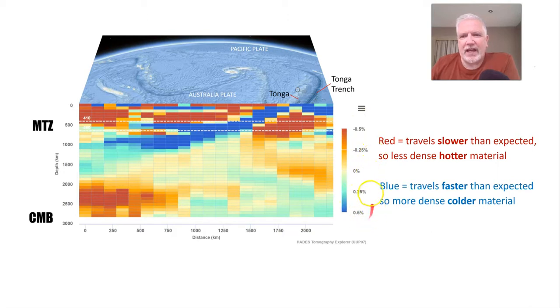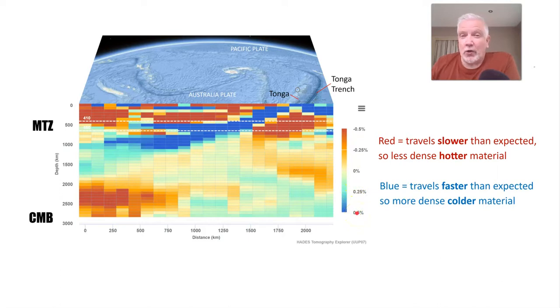Conversely, if they arrive earlier than expected, they must have been travelling a little bit faster than the model would suggest. So what we're seeing here is places where the seismic waves have been slowed down by something in the mantle, and places where they have been sped up by something in the mantle.